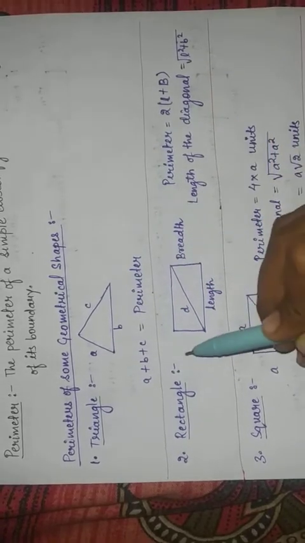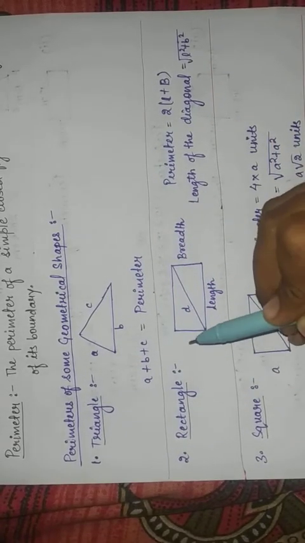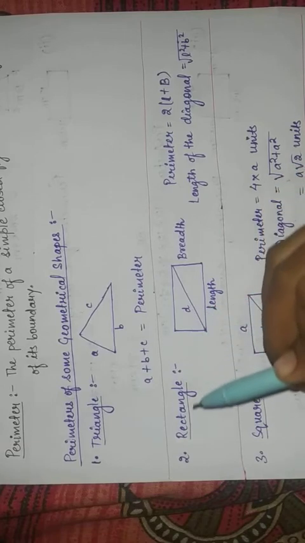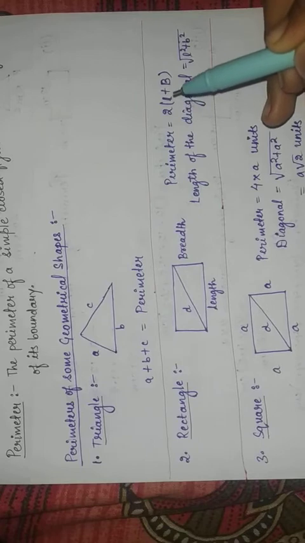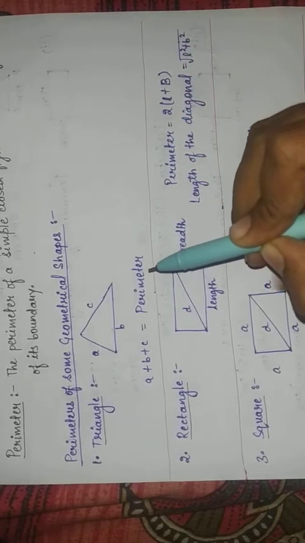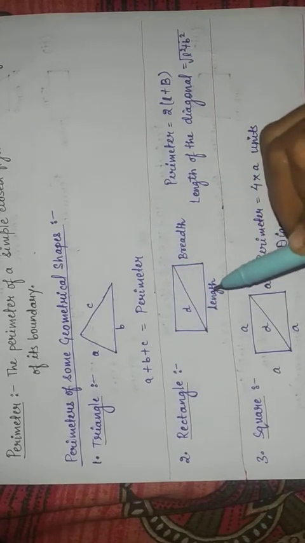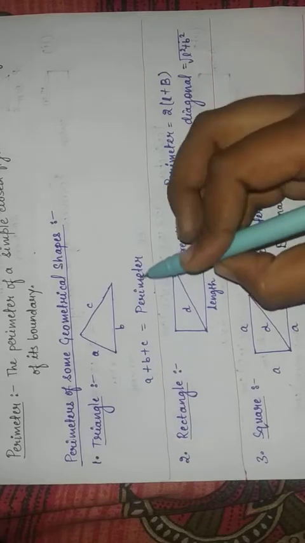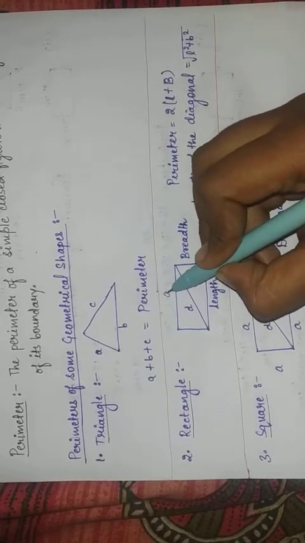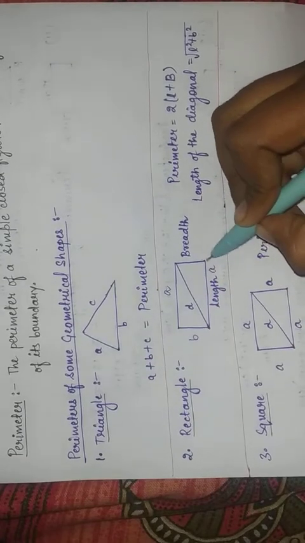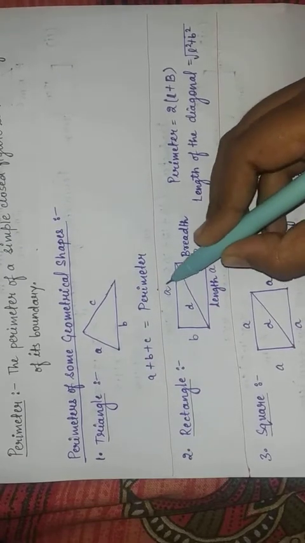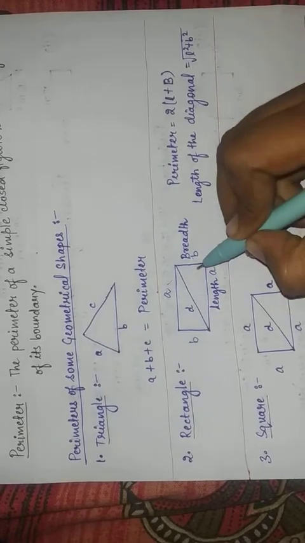perimeter. Now, rectangle. What is the perimeter of the rectangle? The perimeter of the rectangle is 2 into length plus breadth, means the sum of the boundaries. Like if this is A, this is B, and this is A, and this is also B, because the opposite sides of a rectangle are equal.